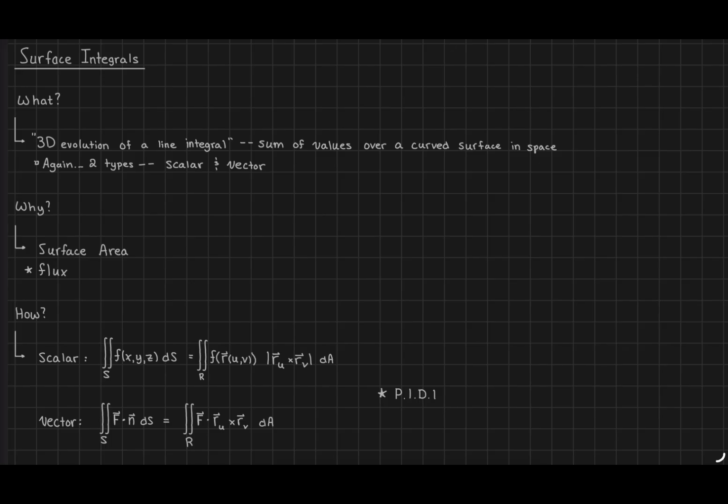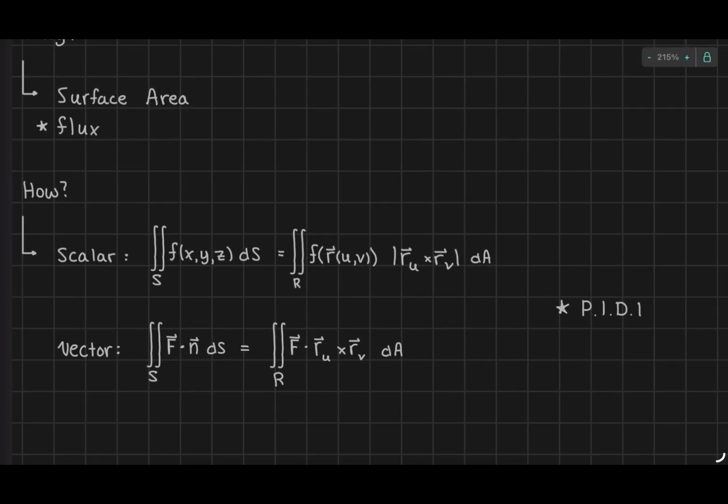As you can see, pointing out some differences between the scalar and the vector forms, mainly the biggest difference is that we're going to have a scalar function in our integrand compared to some kind of vector field in our vector form of surface integrals. And there's going to actually be a dot product of a cross product.